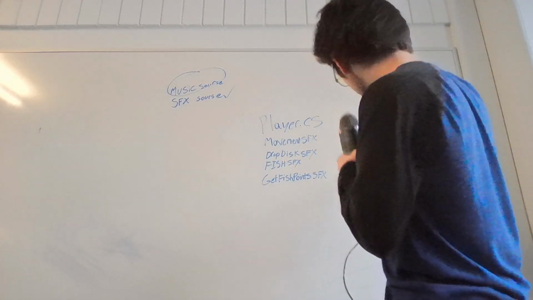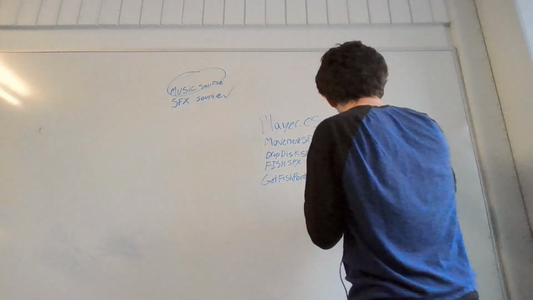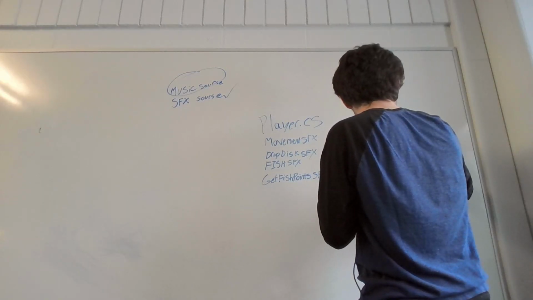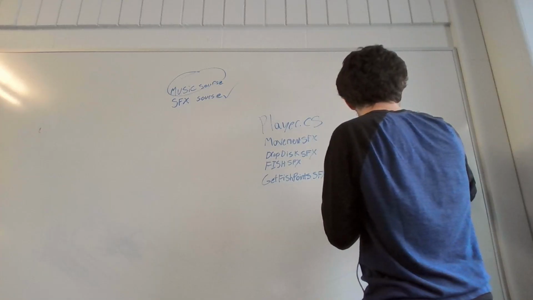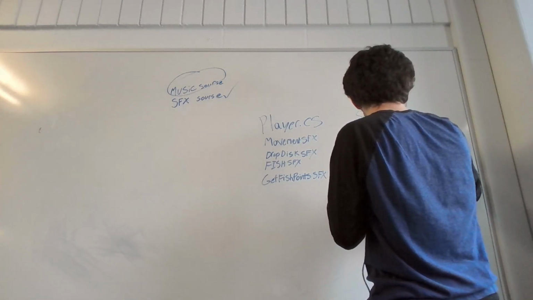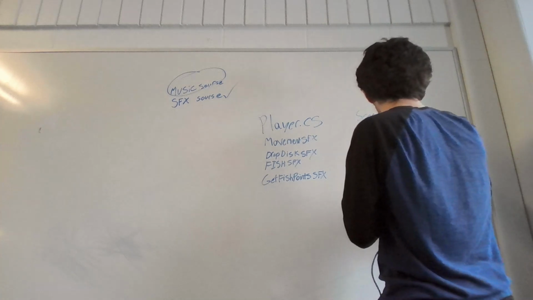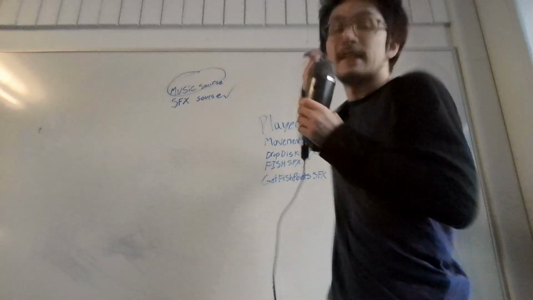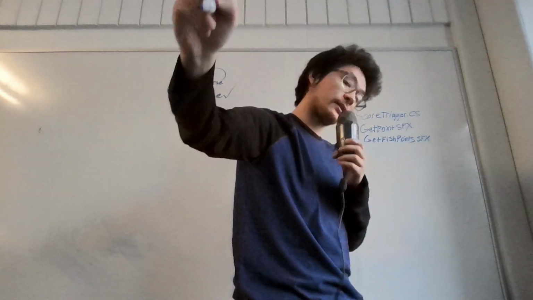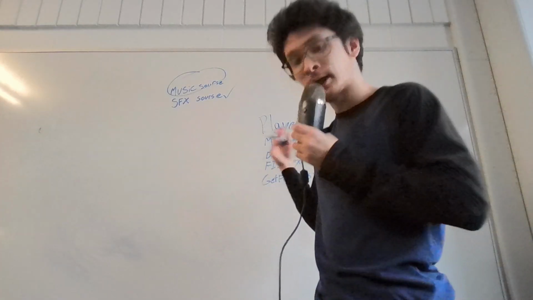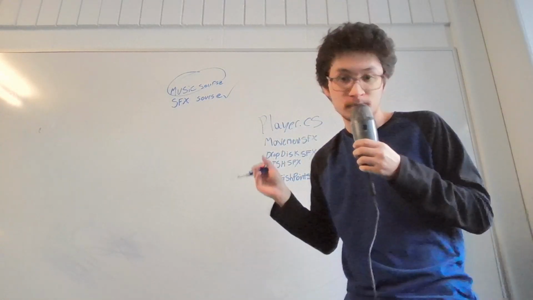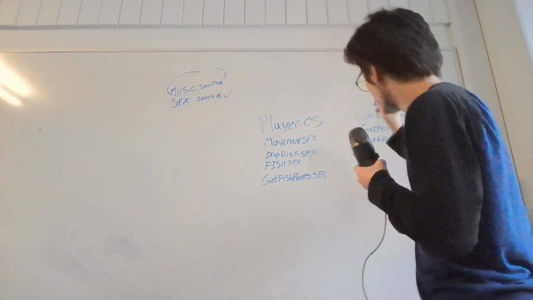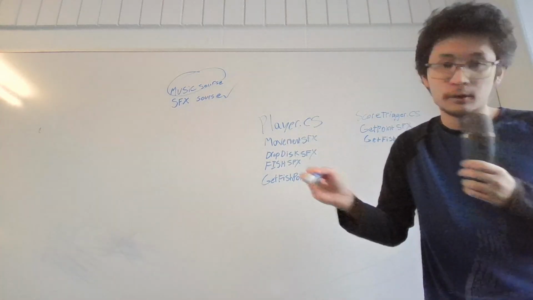But we also have fish points SFX. Now, it's already tied to a player, but it can be tied to two places. Get fish points SFX is there also for the trigger as well.